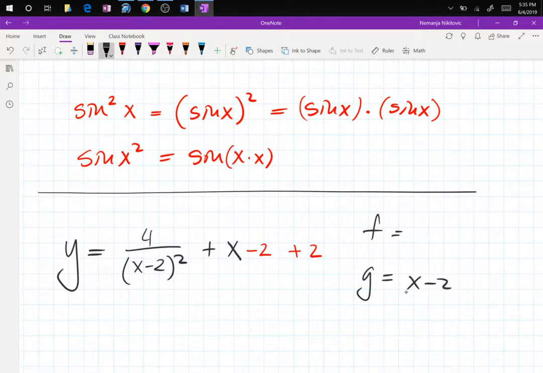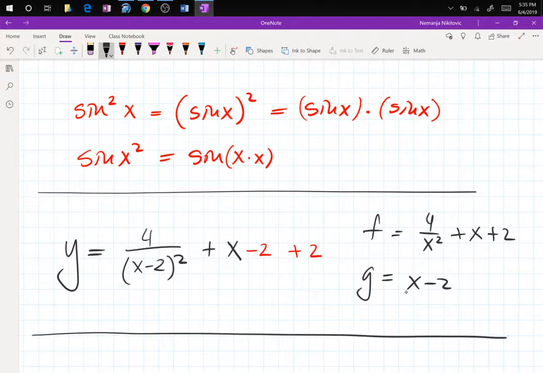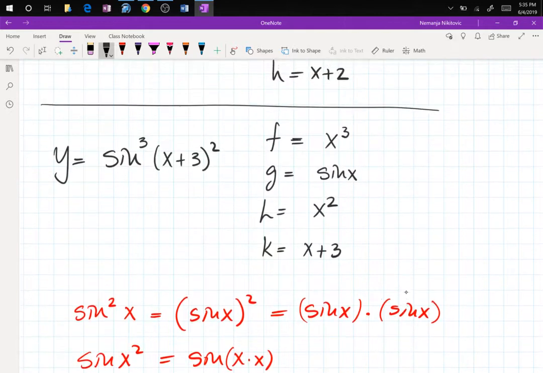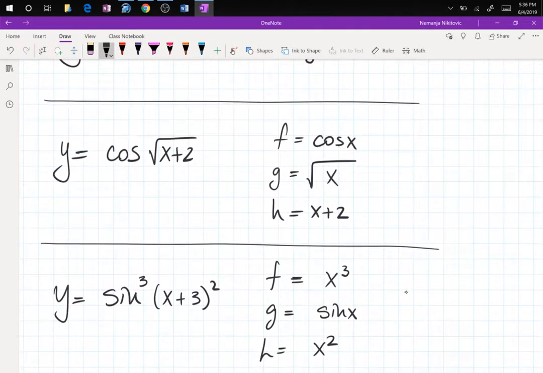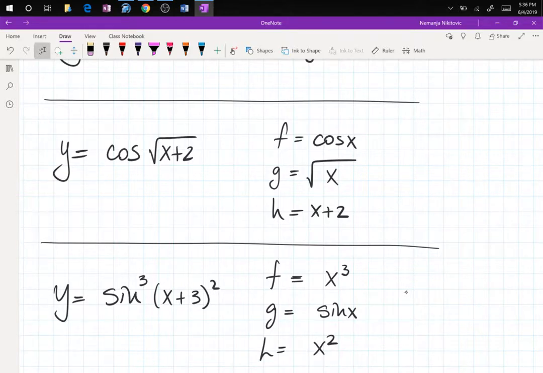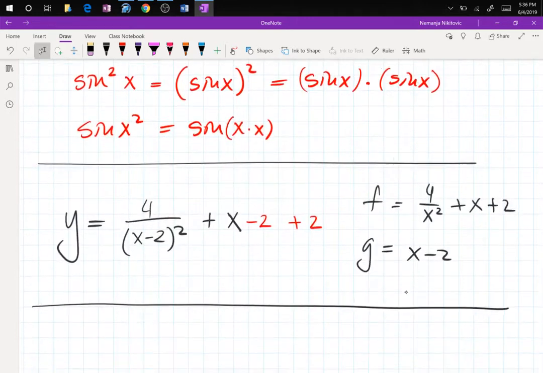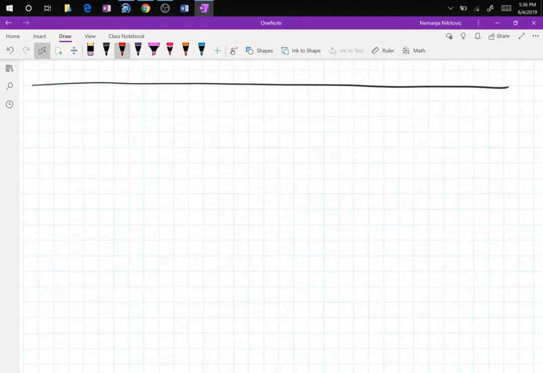X minus 2, and then 4 over x plus 4 over x squared plus x plus 2. There we go. As I said, excessive, no reason, but it can be done. That's the skill that we need. So these problems primarily here. The skill we need in order to be able to do what we call chain rule. Now it's the time to learn chain rule.